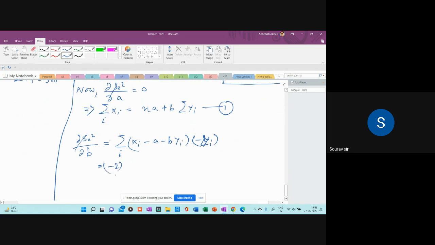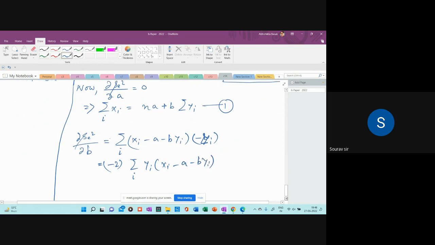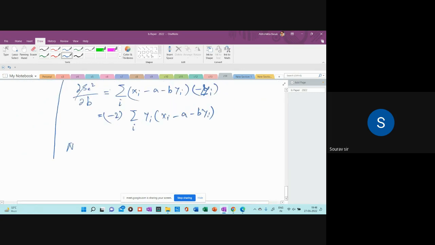So minus 2 will come out of the summation over i of yi into (xi minus a minus b yi). Now let's equate it with 0 as well. Del SE square by del b equals 0 implies summation over i yi xi equals a summation over i yi plus summation over i yi square into b. That is my equation 2.